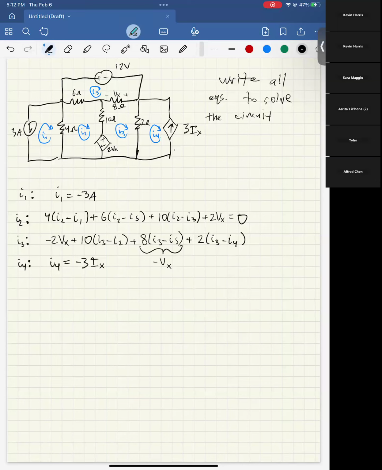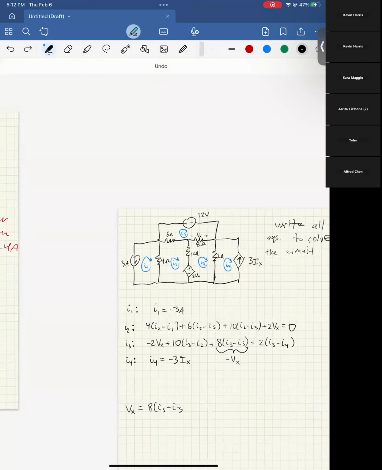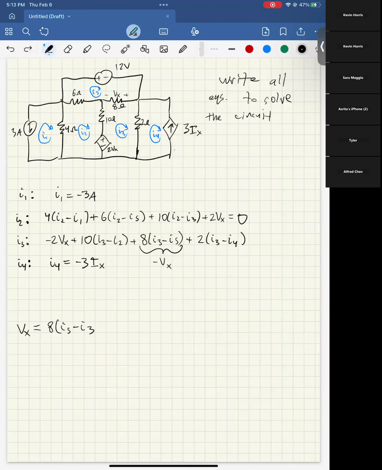Basically, I haven't gotten to it yet, but when you're writing the dependent source equations, you would say that Vx equals 8 times I5 minus I3 because you want it to drop in that direction. Good catch. Thank you for pointing that out. But I will leave that erased until I get there. Hopefully that clears it.